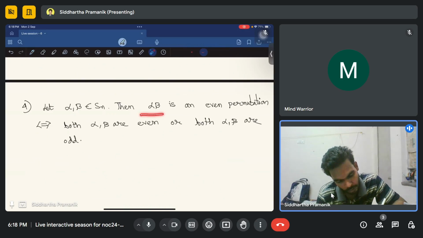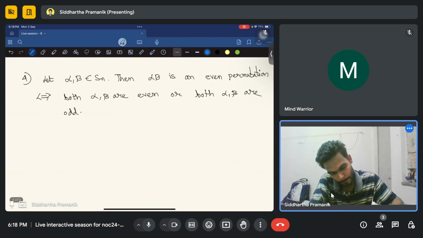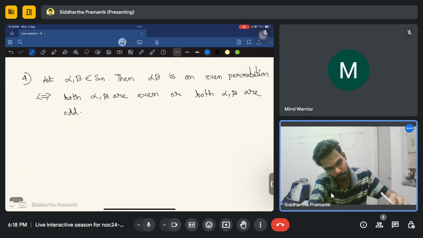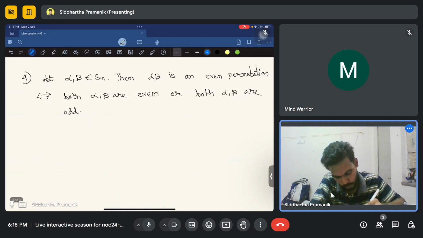So this product will be even only if either both are even permutations or both are odd permutations. Okay, so let's see a proof of this.